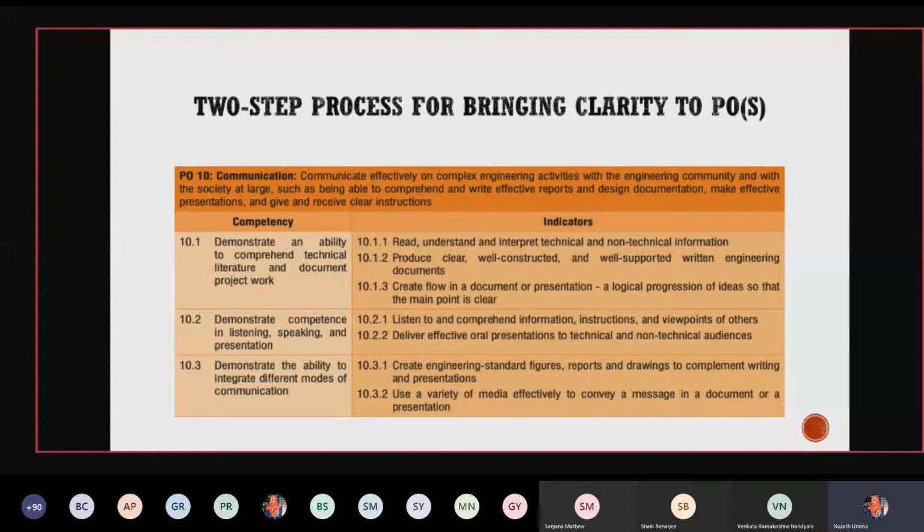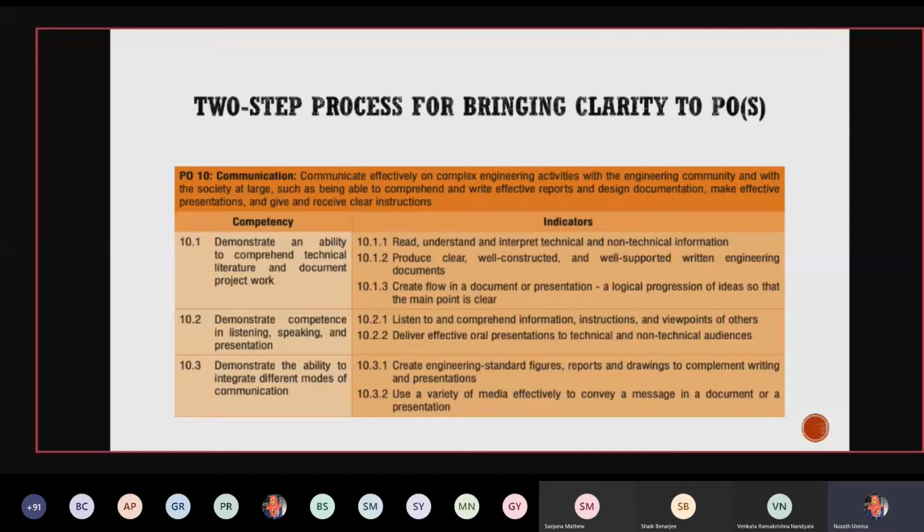If we break this program outcome into different competencies, we can do it in 3 parts. First is the ability to write and comprehend technical literature and document the project work.